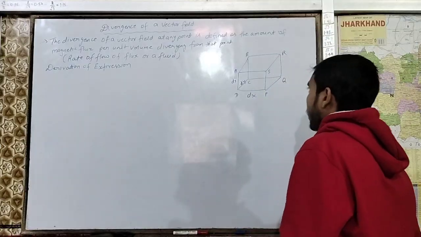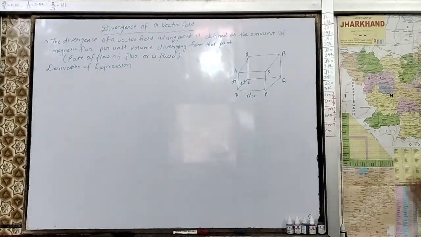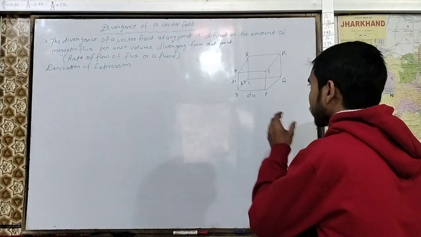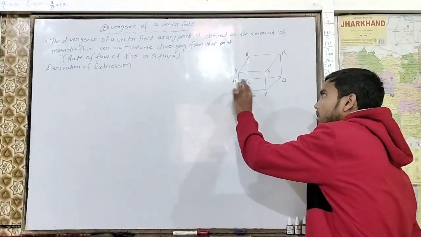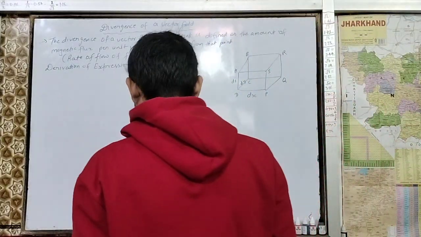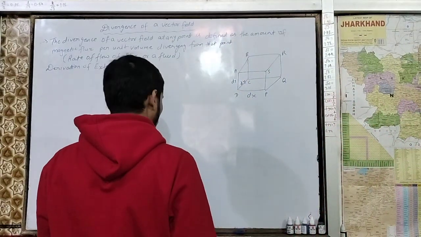Got it? What are you understanding by dx or dy, dz? These are dimensions. Dx, dy, dz, all these are small.